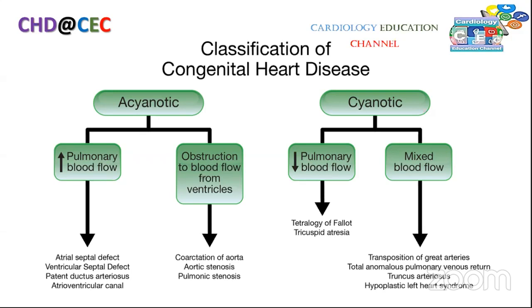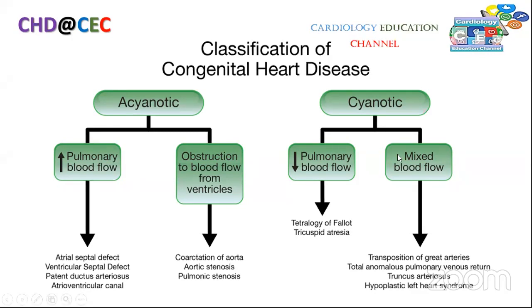or pulmonary stenosis. On the other hand, cyanotic patients have a degree of decreased pulmonary blood flow, like tetralogy of Fallot or tricuspid atresia, or complete mixture of the blood flow, like transposition of the great arteries or total anomalous pulmonary venous return.